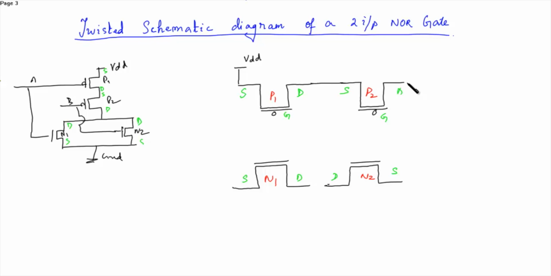And the drain of P2 is connected to the common drain of N1 and N2. Before that we have to connect the gates of P1, N1 and the gates of P2, N2. This is input A and this is input B. So this drain is connected over here.